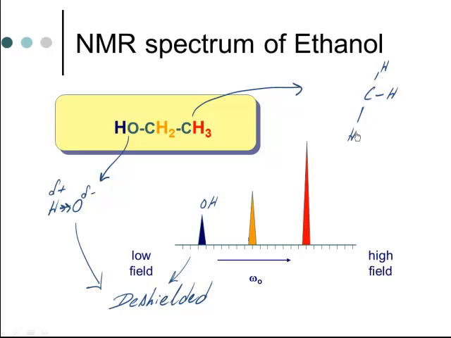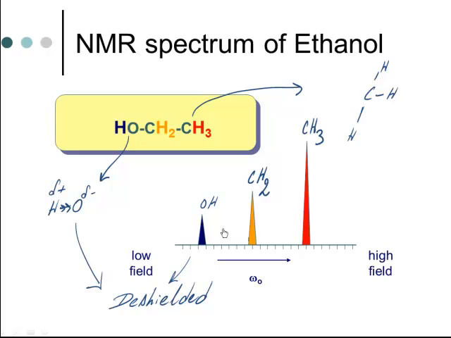So as a consequence, the methyl peak is obtained at a very high magnetic field, and hence the tallest one out here is the methyl peak. Obviously the methylene peak is going to be in between. So depending on their electronic environment, we have got three different peaks for three chemically non-equivalent protons or hydrogen nuclei.